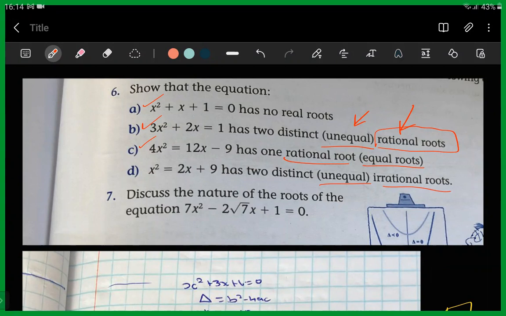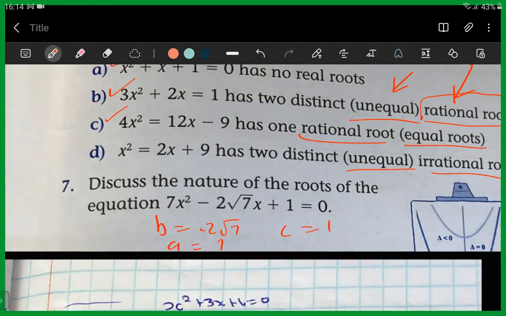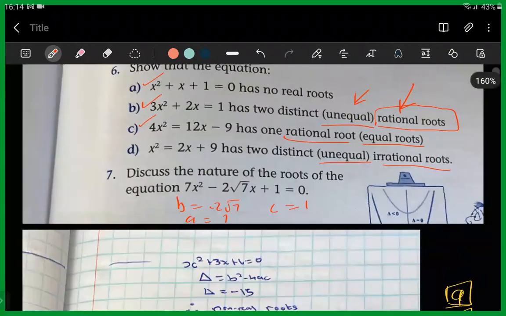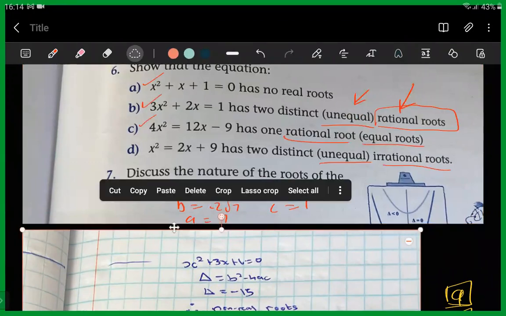If you're going to find out the nature of the roots, it's quite straightforward, because you just have to find out what kind of number b squared minus 4ac is going to be equal to. Our value for b here is -2 square root of 7, our value of a is 7, and our value of c is 1. Let me just copy this.